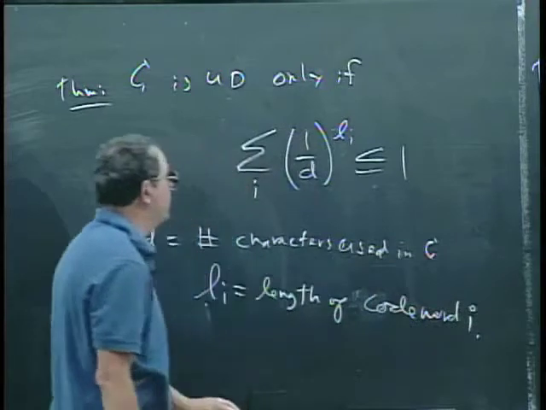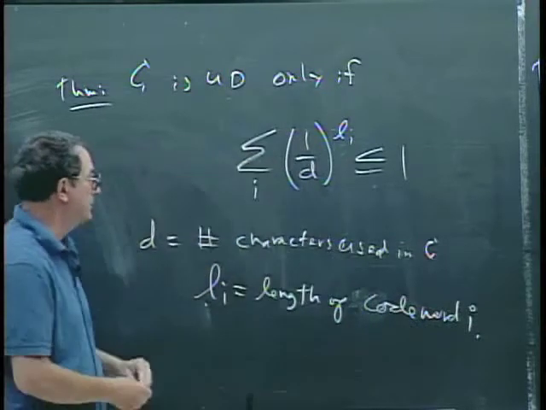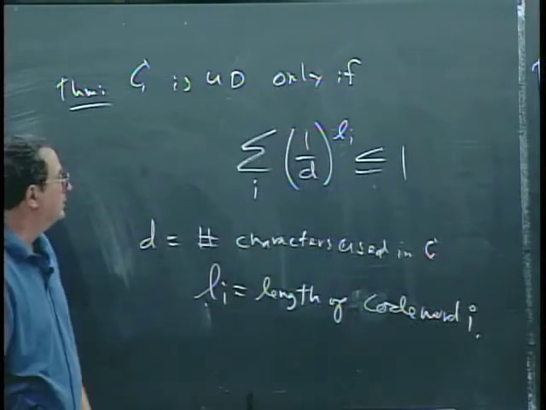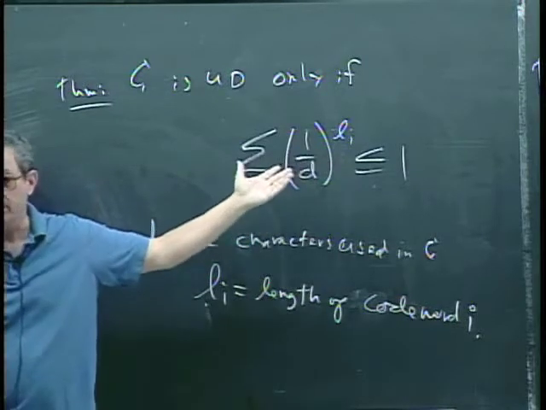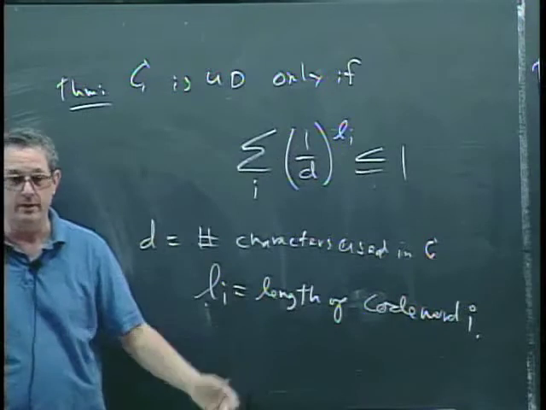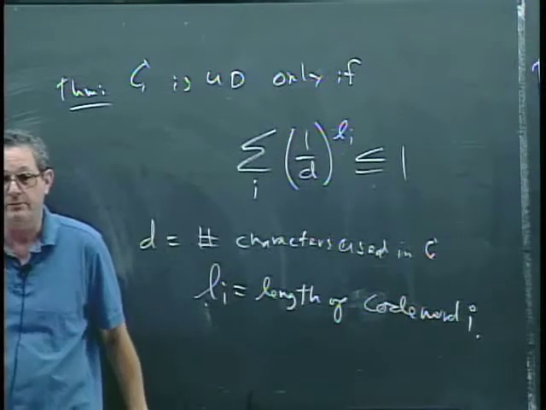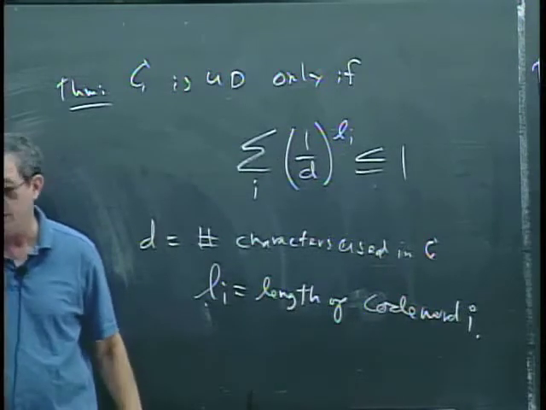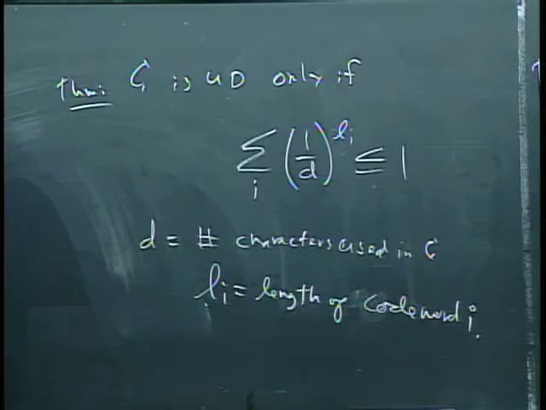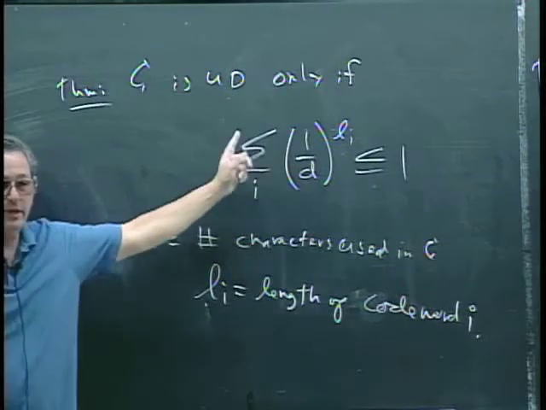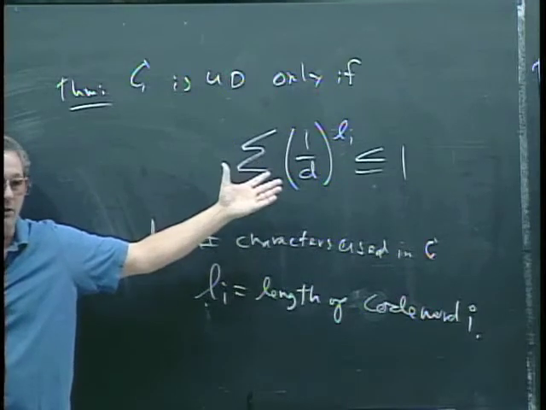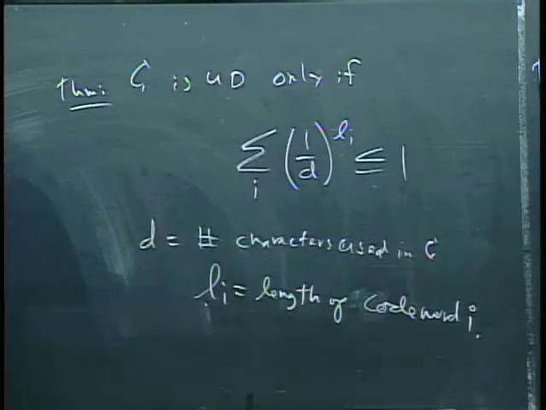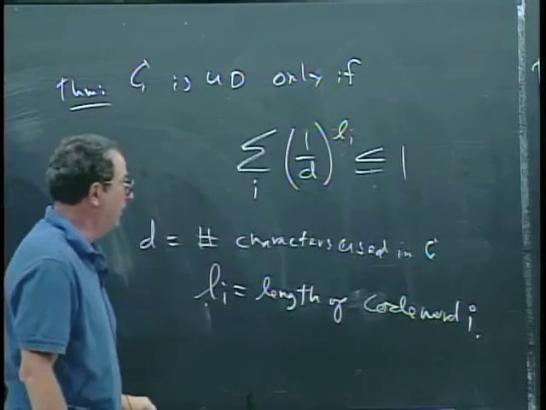So it's necessary that this sum be less than or equal to 1, and therefore if you take this sum and you find that it's bigger than 1, then you know that the code is not uniquely decipherable. And in the program that's on the website, it also builds in this test and another more precise test than this, although I've commented that out. But you can look through the code and put it back if you want. And I think this is called the McMillan value or something.